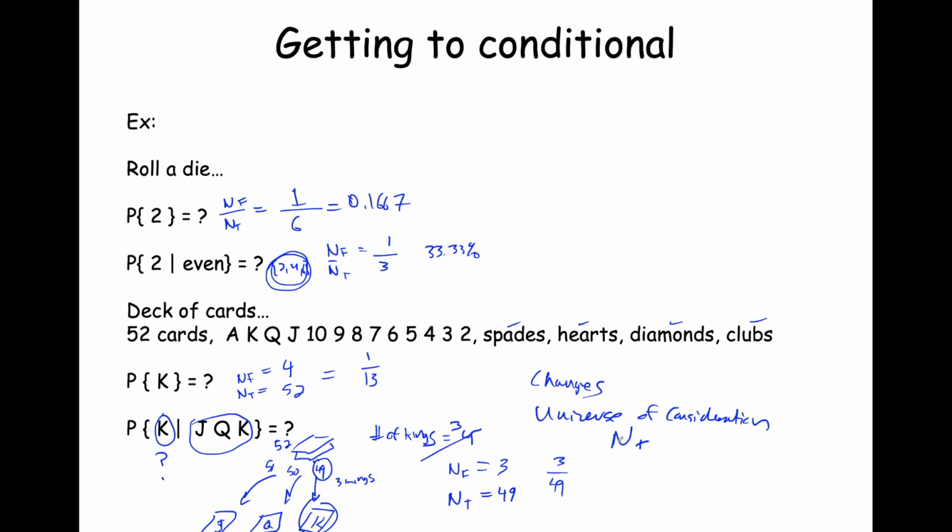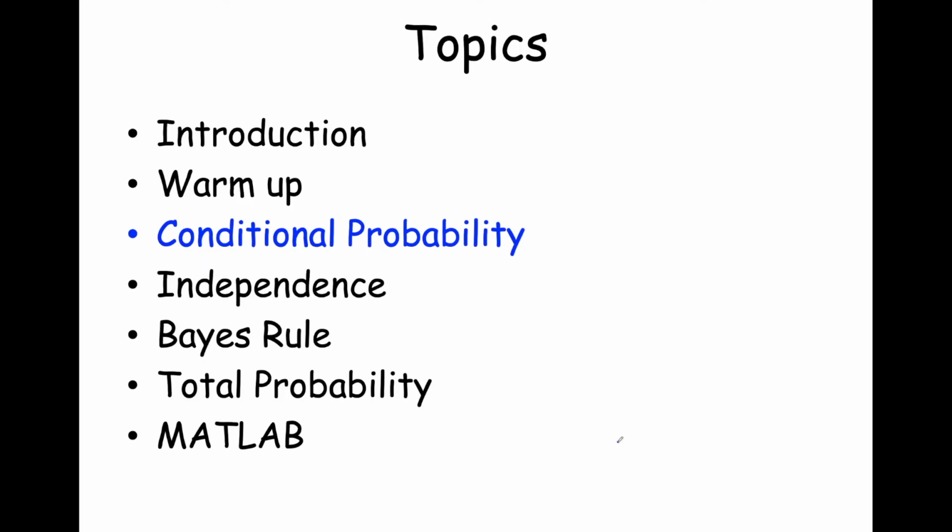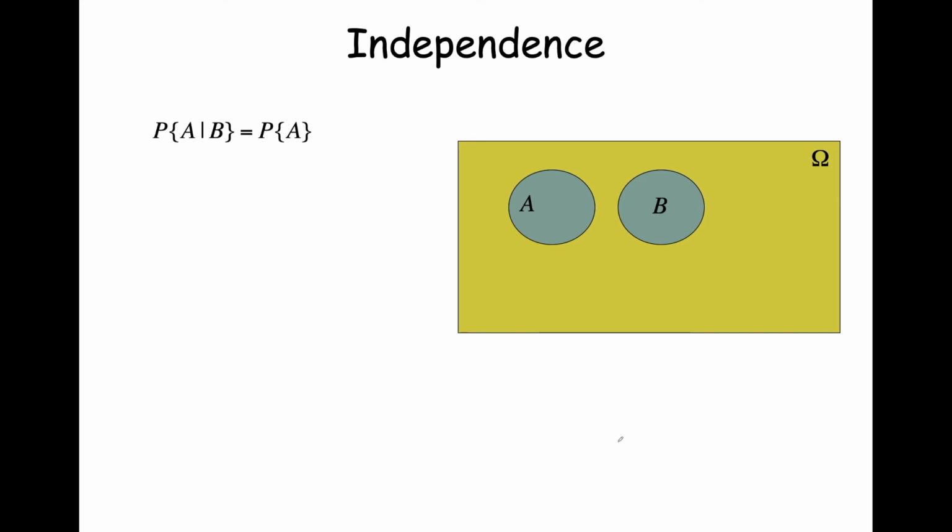Okay, so let's take a look at independence. And independence talks about the relationship between 2 variables. And so what independence is formally defined as, the probability of A given B is equal to the probability of A. And what that's saying is that knowing event B gives you no information about event A. That means they're not linked to one another in terms of data or information.